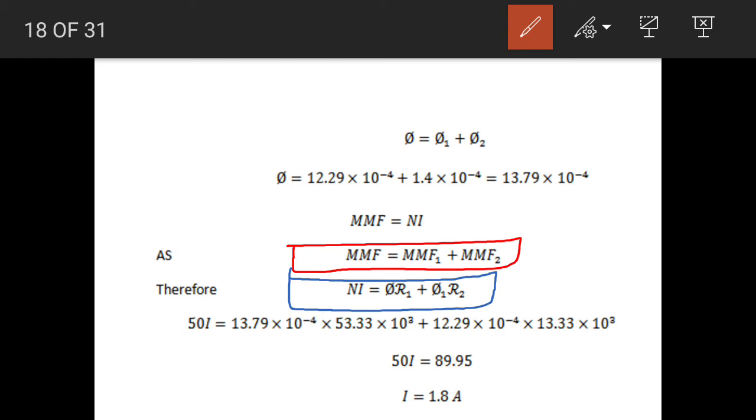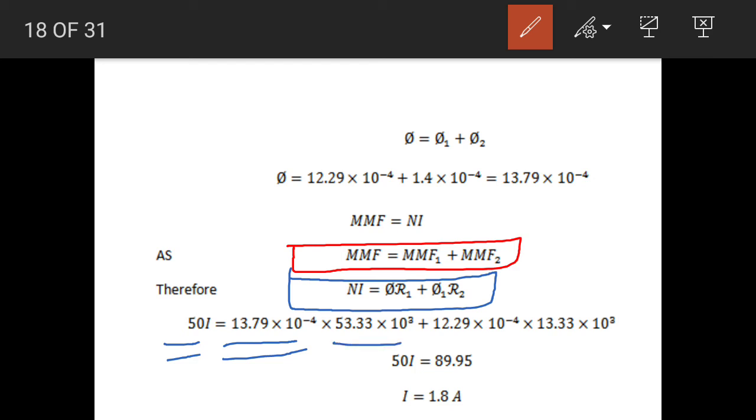We put the values in this particular equation. So on the left hand side we get 50I. The total magnetic flux is 13.79 into 10 raised to power minus 4.